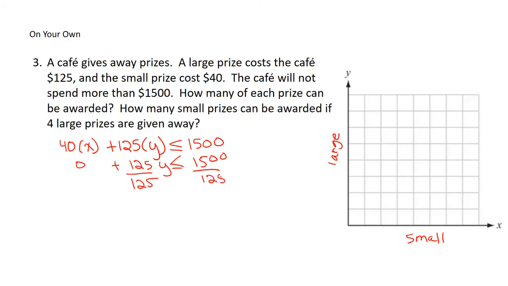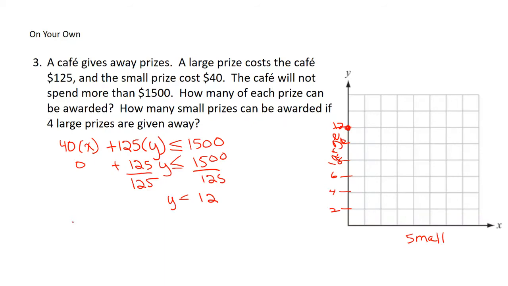Put that in your calculator real fast. 1,500 divided by 125 is 12. So y is going to be 12. All right, and so let's just do 2, 4, 6, 8, 10, 12. So here's our y-intercept.